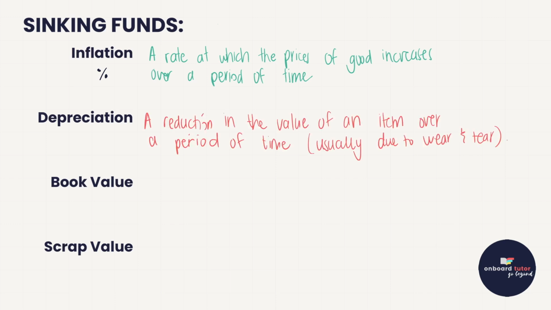So depreciation is a reduction in the value of an item over a period of time, and that's usually due to wear and tear. So nothing is made to last anymore, and you can expect that depreciation is going to be part of your life, and that's actually why we have sinking funds. So we set sinking funds up to replace items that are going to depreciate over time.